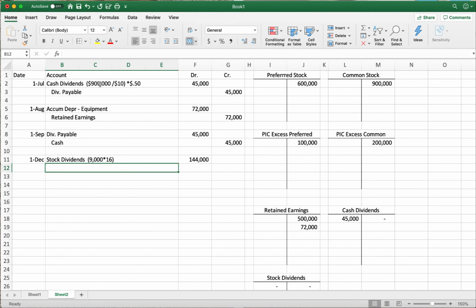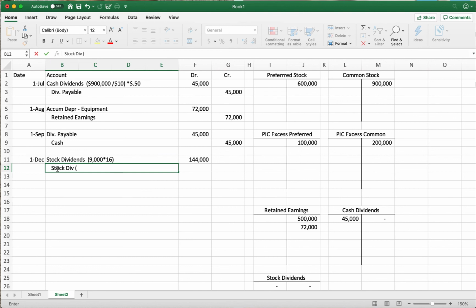Now, I need to credit common stock dividends distributable to show that I'm increasing the number of shares of stock outstanding. And since I use the market value, there's going to be a difference between the market and the par value. I need to hit the paid in capital in excess of par account. So I'm first going to credit my stock dividends account for how much?